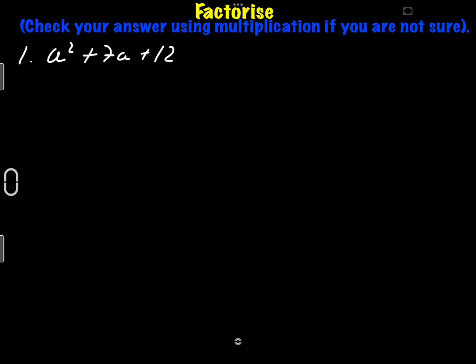So now by factorization, the first thing that we need to do is to have our values. Firstly, identify all the factors of 12, or rather the constant in this case.